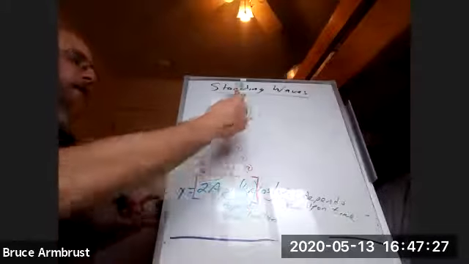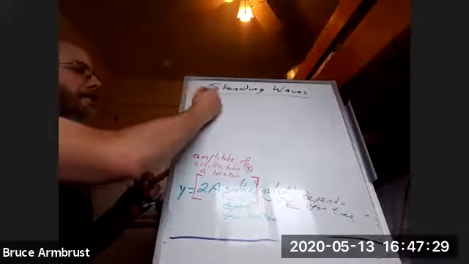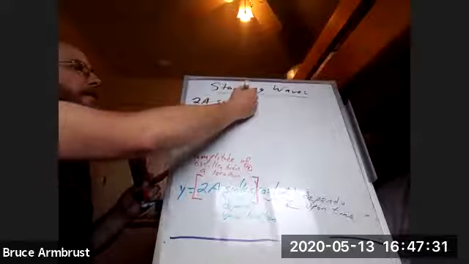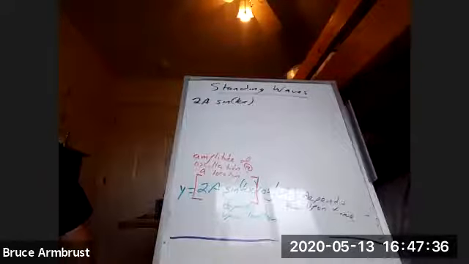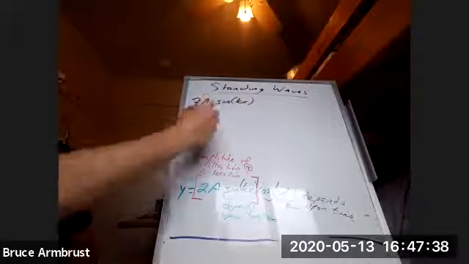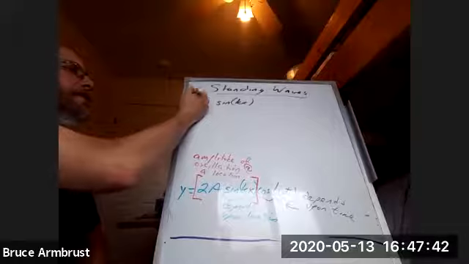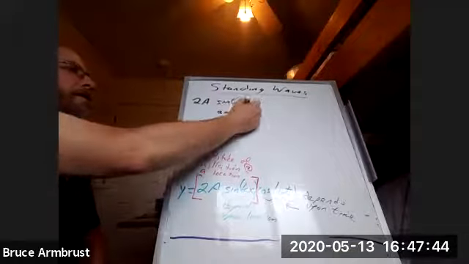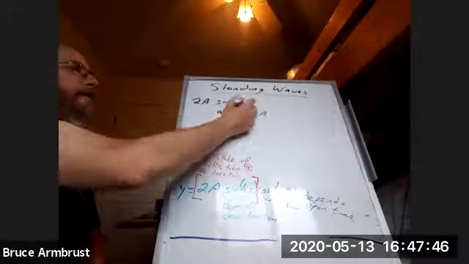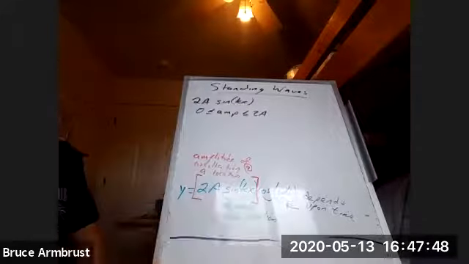This guy, 2A sine of kx, that's going to vary. Just like before, we're going to see that this amplitude is going to be between 2A and 0.